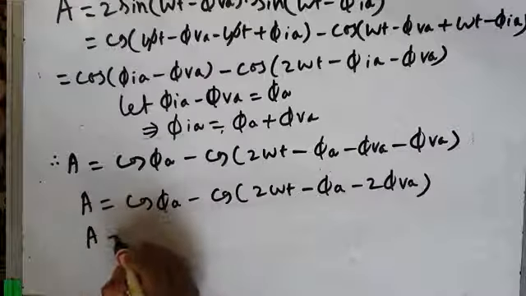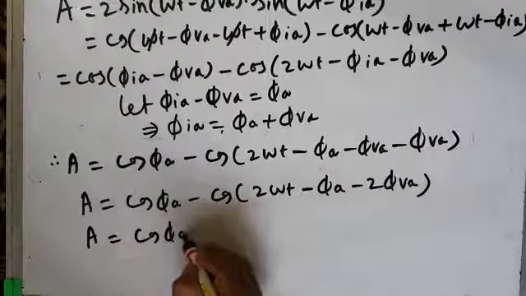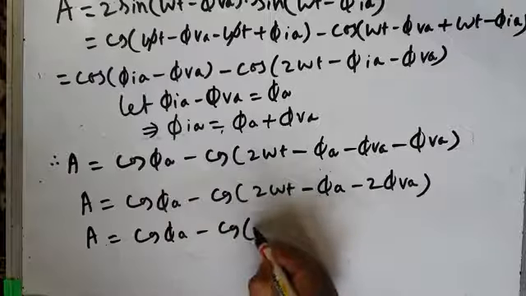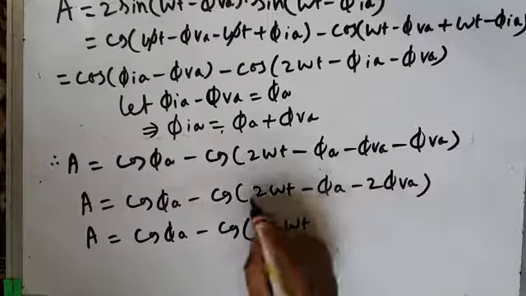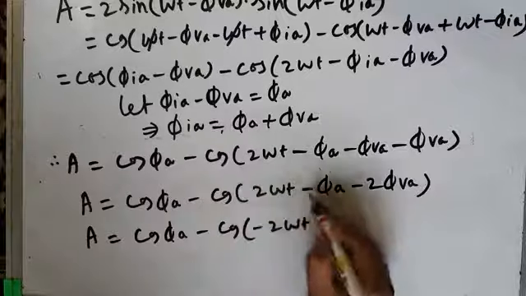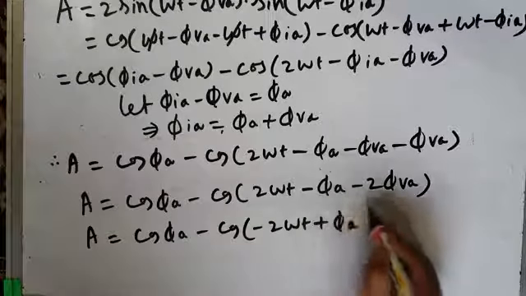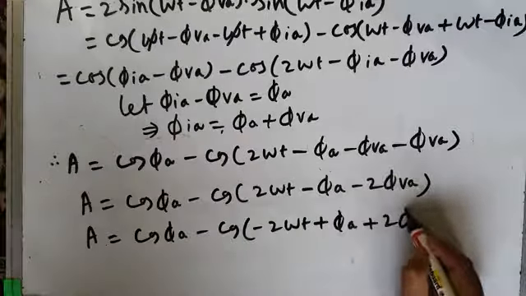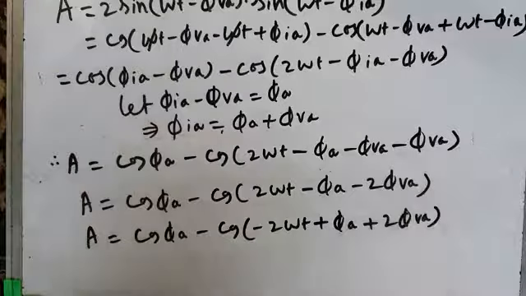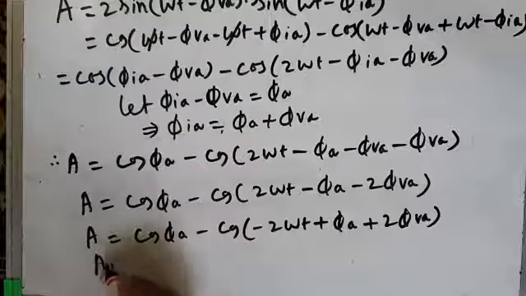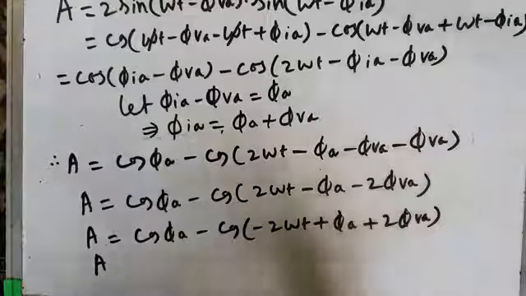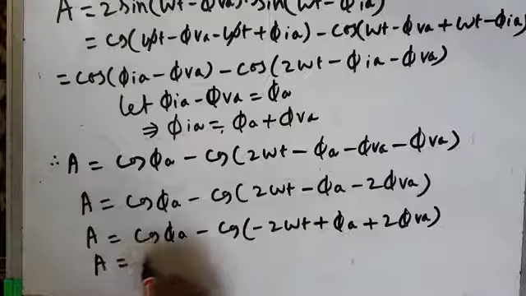So let us do one thing. We write it like this: cos phi A minus cos of, let it be minus 2 omega t. This positive we can make negative, and this minus will become plus. Because cos of minus theta is cos theta itself, that is not going to make any difference.